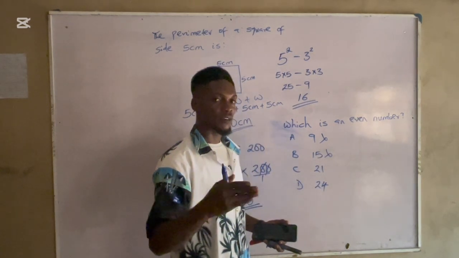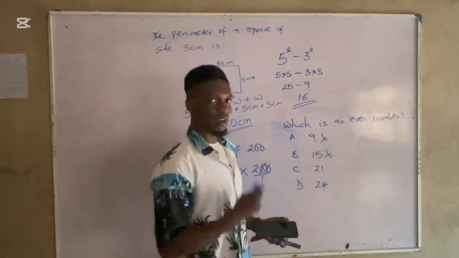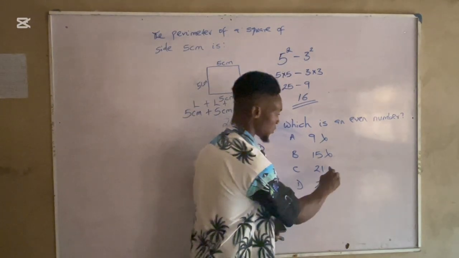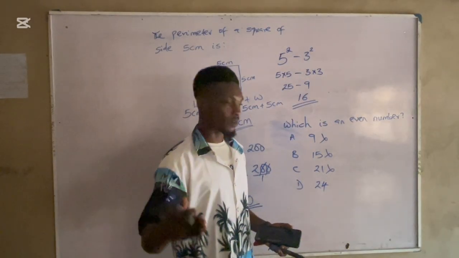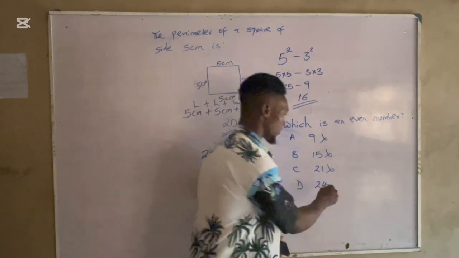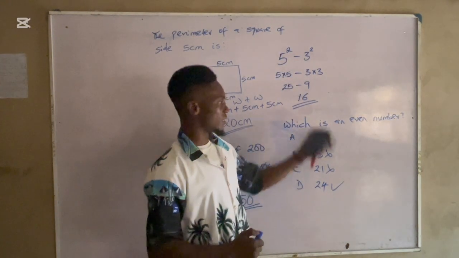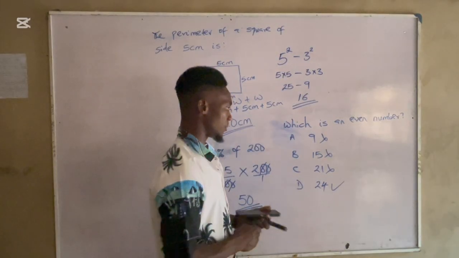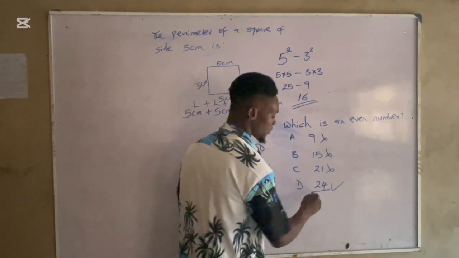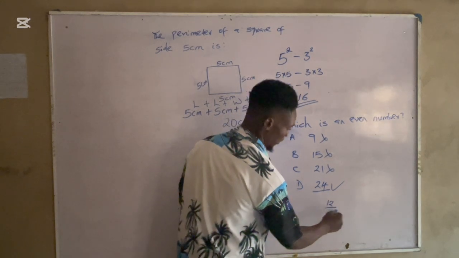10, 12, 14, 16, 18, 20, 22. I've reached 22. I did not mention 21. It's not an even number. 22, 24. We have 24. So 24 is an even number. Out of all these sets, it is only 24 that can be divisible by 2 without a remainder. If you divide 24 by 2, we'll be having 12 as our answer.